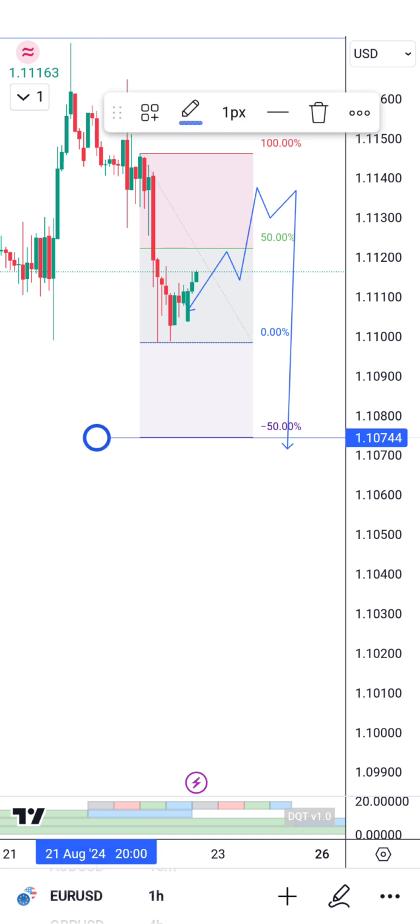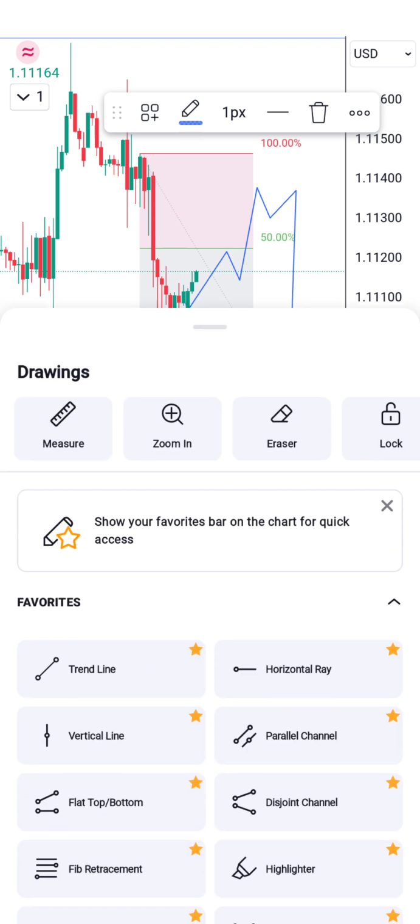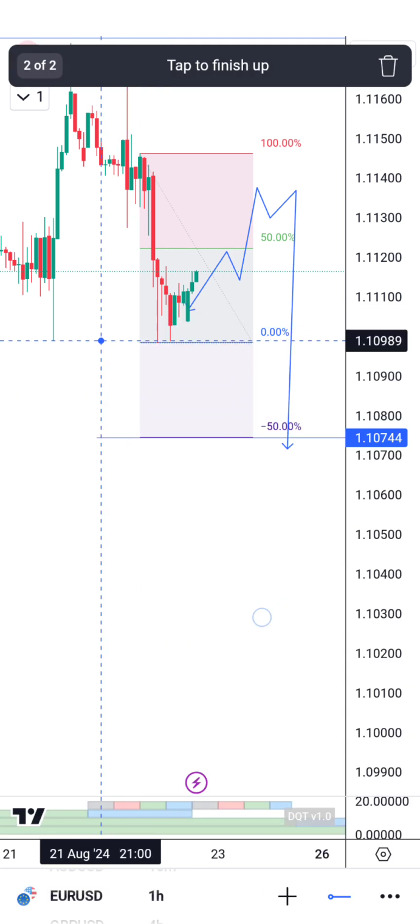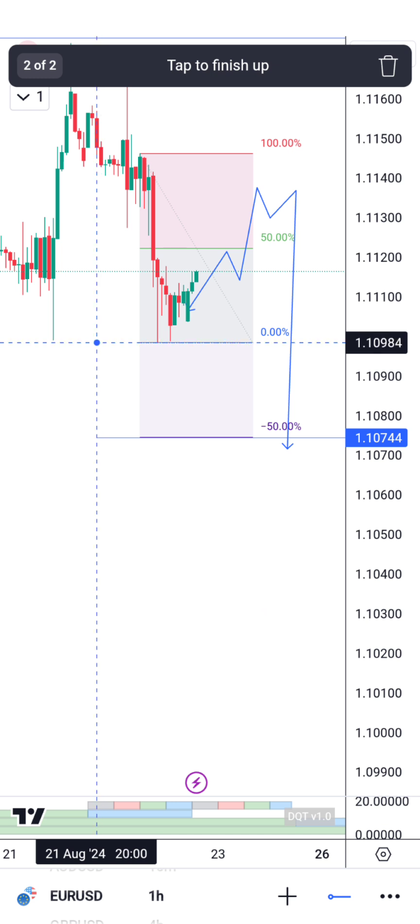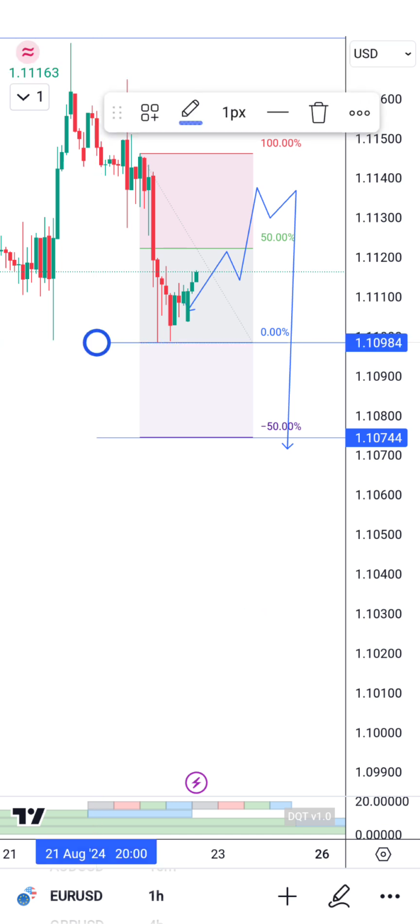That is still external range liquidity, and there's no problem with that. It depends on your risk appetite, but usually that is how price will seek external range liquidity. Anytime price leaves the internal range and is seeking external range, it can travel by half a standard deviation, or a full standard deviation, or even more sometimes, depending on what IPDA is reaching out for.